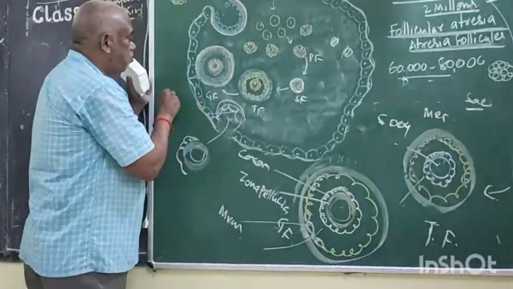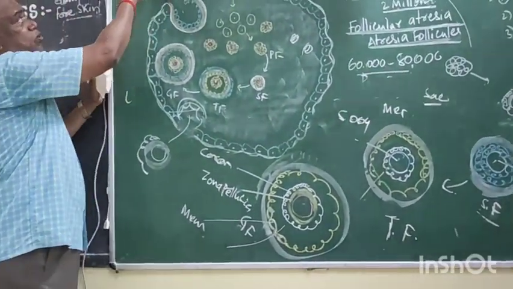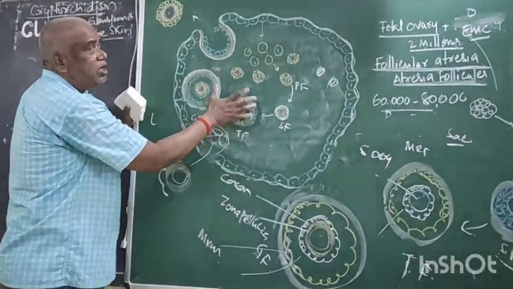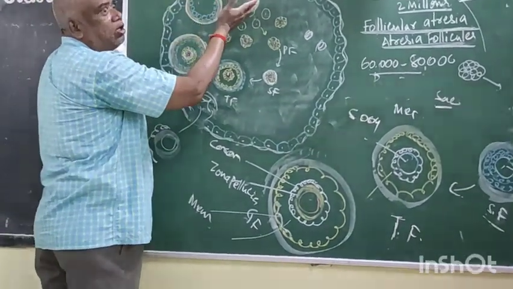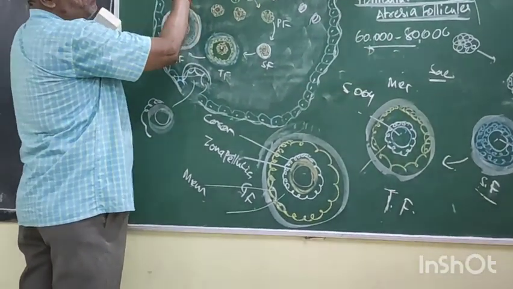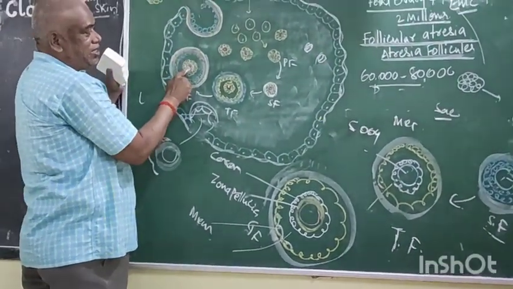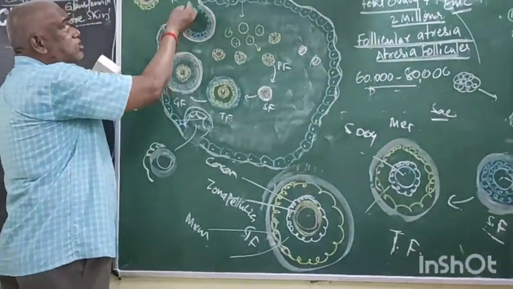This is called corpus luteum. This is called ovulation. For ovulation, the Graafian follicle reaches the margin and attaches to the wall. When it ruptures, the secondary oocyte with two layers comes to the outside.